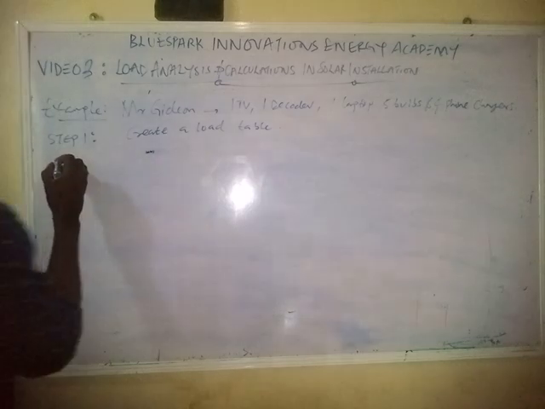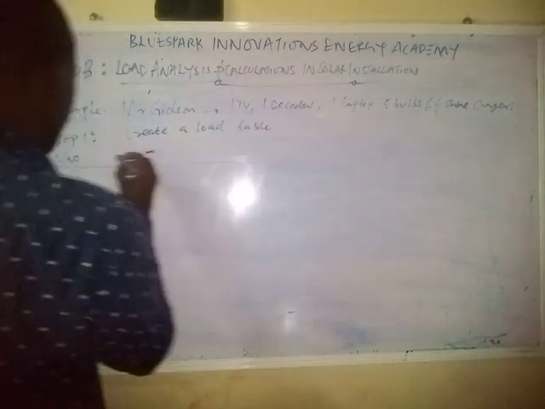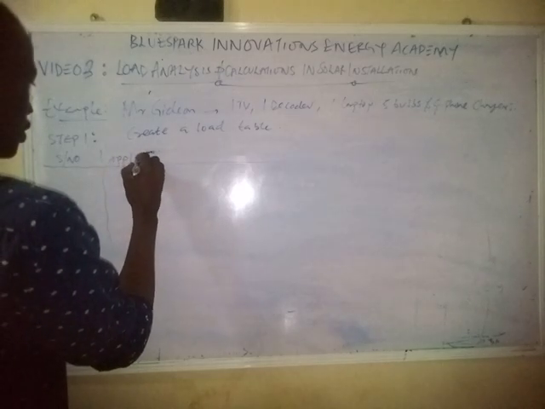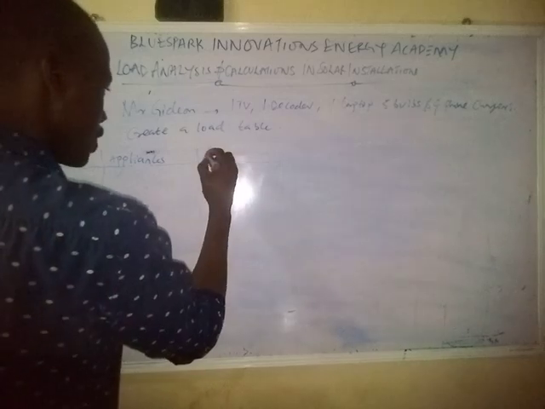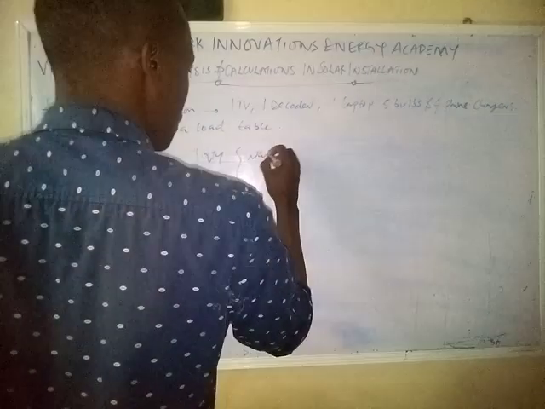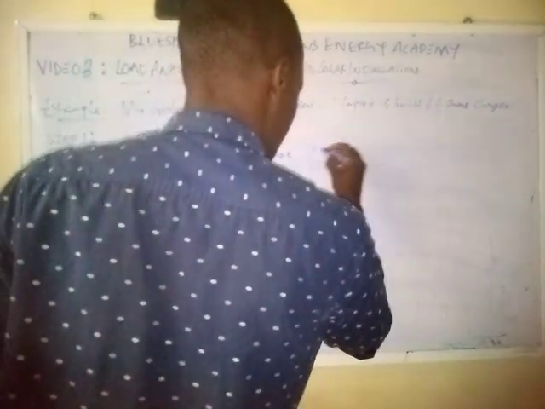Now let's start with serial number, appliances, the quantity, then wattage, and then total wattage.